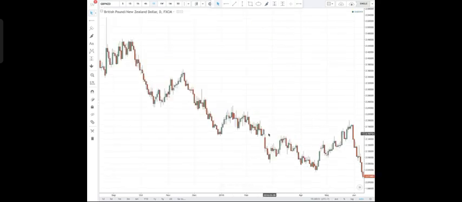Right here. You see this spot right here? What would you look at that as? Is that a seller's market, like that? Or is that a buyer's market, like that?